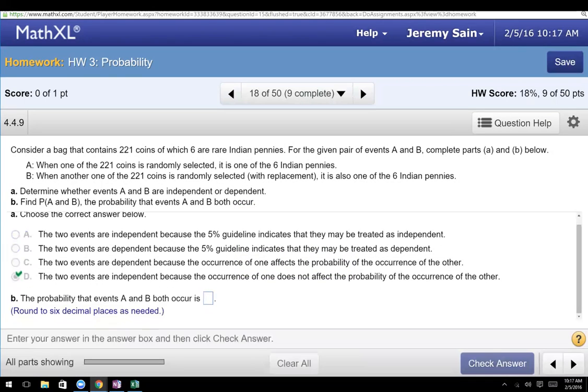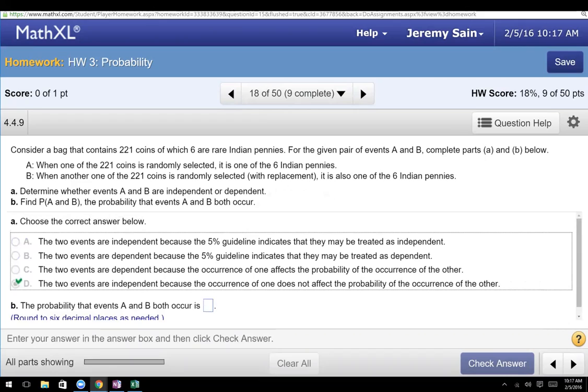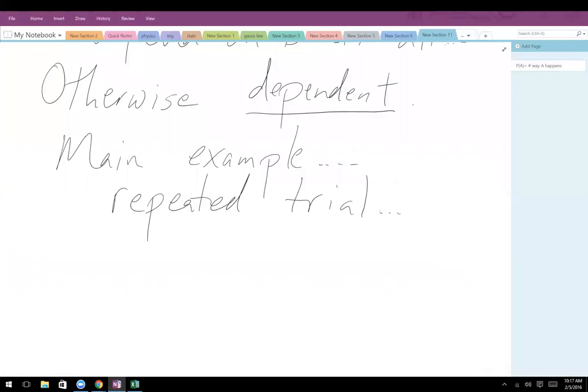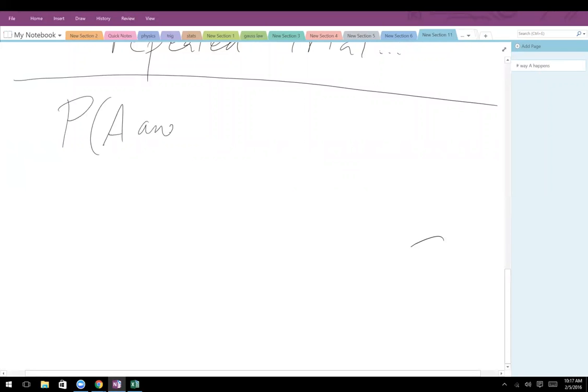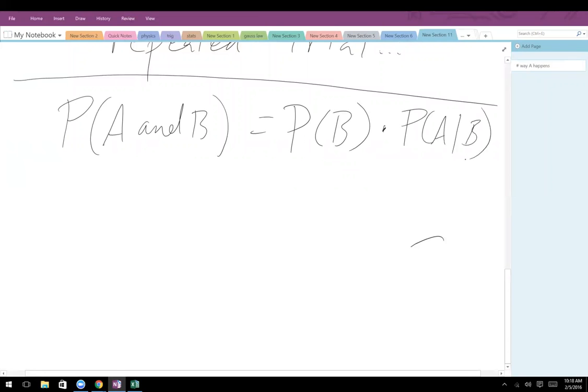Okay. And then, the probability they both occur, well, let me go back to a little notepad. Remember we said last time, if you want the probability that two things both happen, well, you need to know that one of them happens, and then you need to know the probability that the other one happens given the first one.